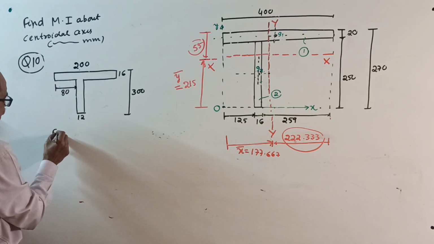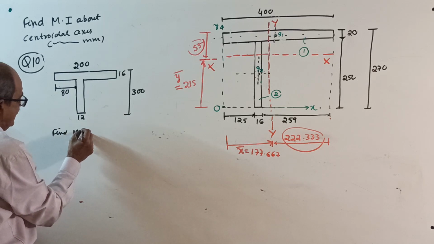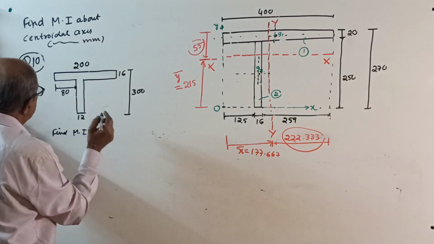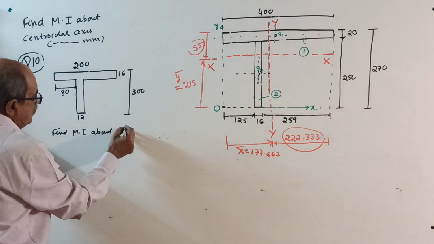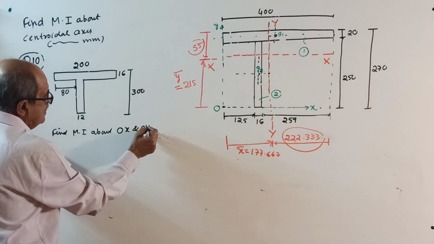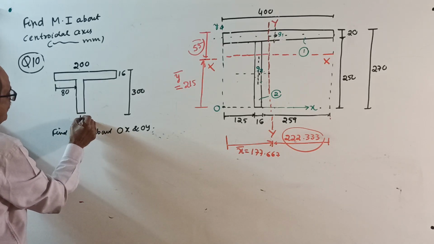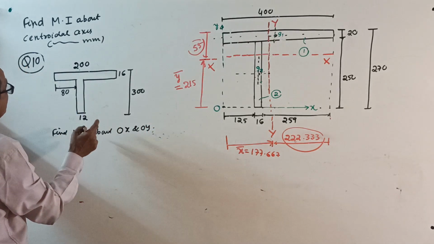Question is, find moment of inertia about two axes. Which ones? They will tell now. About OX and OY. See, they will mark a point here. See, this is 12. They will show where is OX and OY.